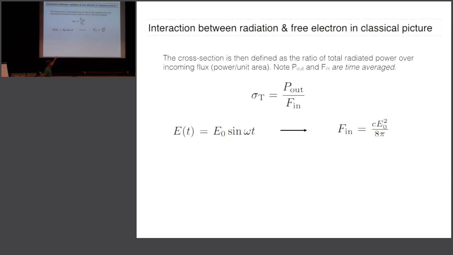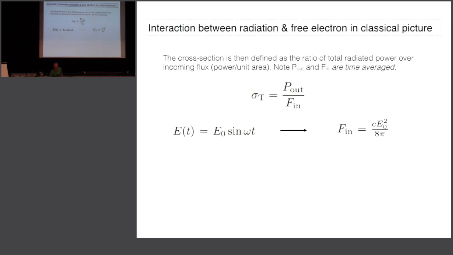If you take the ratio of these two, the units you get are an area. So we have a scattering probability with units of an area, a cross-section. This is the very definition of cross-section.